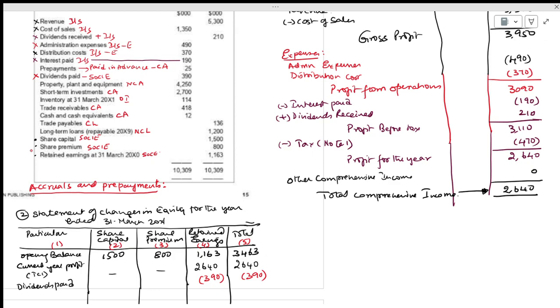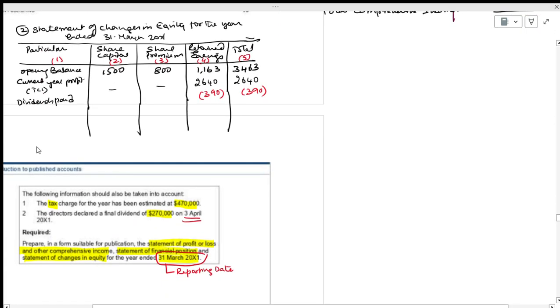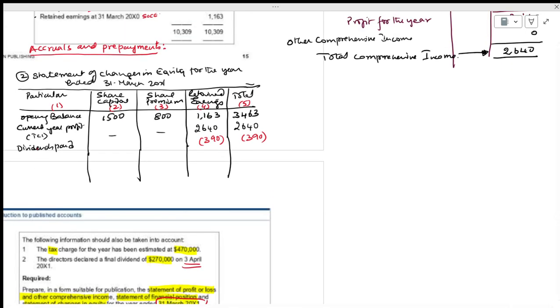Okay. Property, plant and equipment, inventory, trade receivables, cash, trade payables, long term share, fine. Nothing more is there. We have taken that. We will not take the final dividend. How much is the total of this? 5,713.